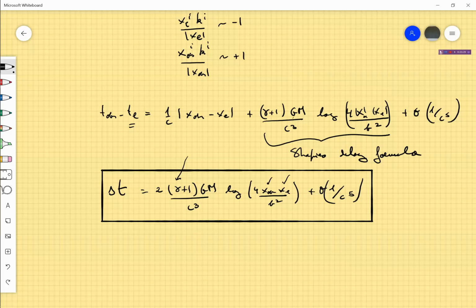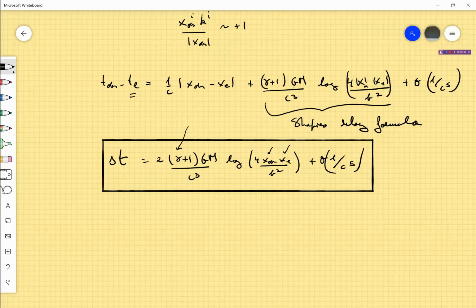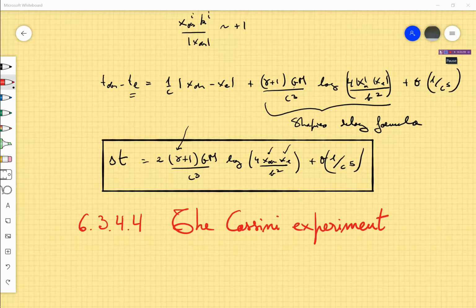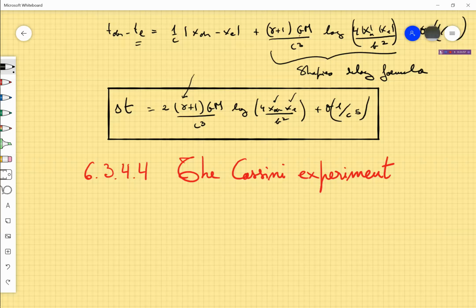An even much better determination of gamma can be achieved if you do this Cassini experiment, because then you can follow this spacecraft and check how this delta T, the delay, changes with time as the Cassini spacecraft moves. So in this experiment, what you really observed was this derivative with respect to time.